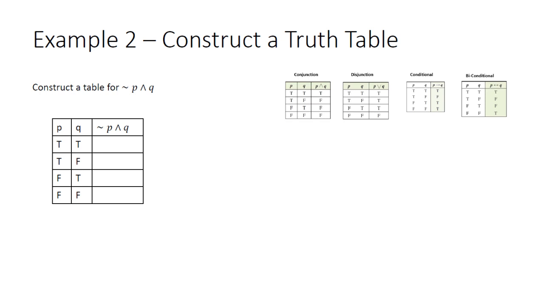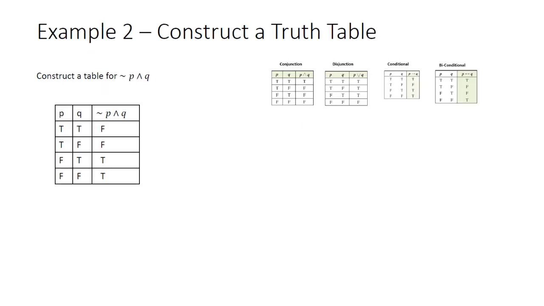Next, you start filling out the table by putting the symbols. So negation P, let me write down. To fill in the negation of P, I look at the values for P. If P has a true, then I put a false. And then I go back and look, and there's another true, then the negation is going to be false. And every time I have a false, then I put a true.